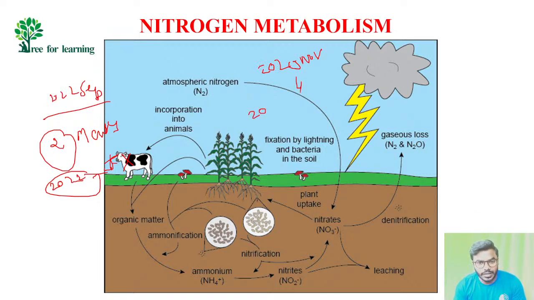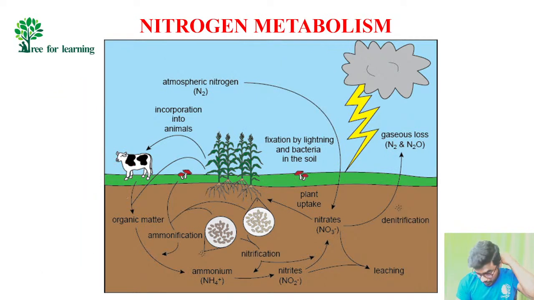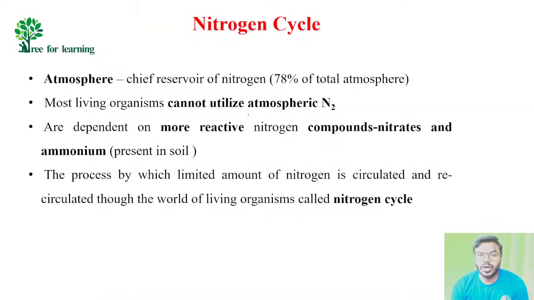In 2019, both June and December, we got a 4 marker question. So either in part B or part C we can expect the question. That's the reason this topic seems to be a small topic, but it is your responsibility to read the entire topic very correctly. Okay, now let's start nitrogen metabolism.